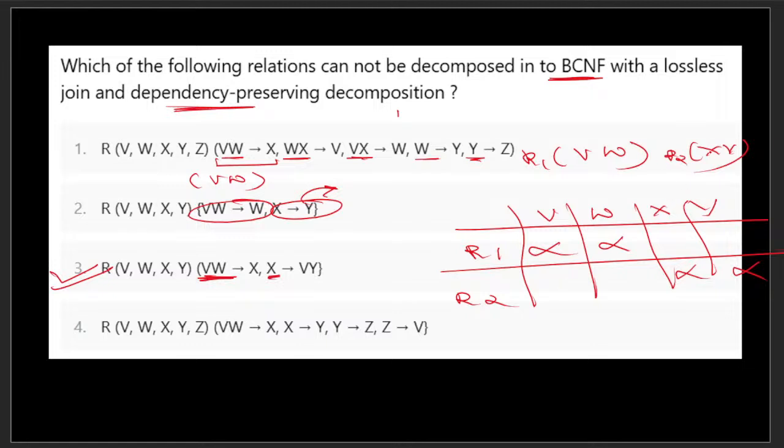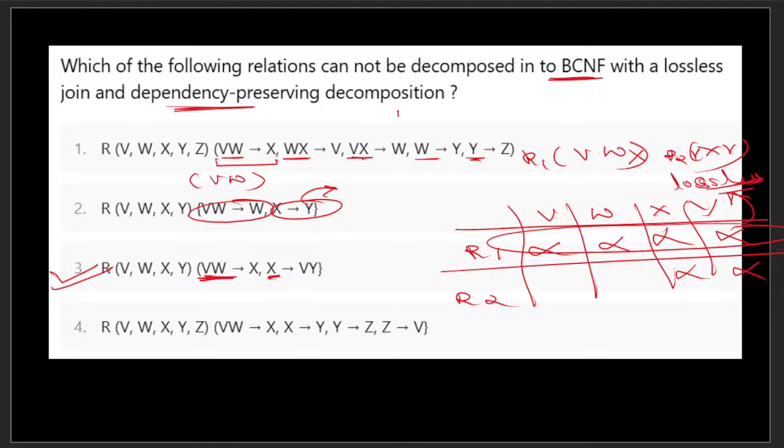And if you try like this, if you are keeping V also, VXW, like this, okay, or you can keep X also, so VWX also you can keep. So if you keep VWX in this, it will be like this, and easily from X you can derive this Y, and from this you can say that if at least any of the rows is fulfilling this, you can say that this is a lossless decomposition.